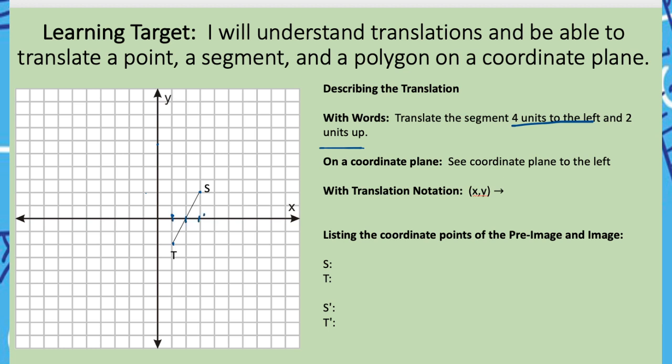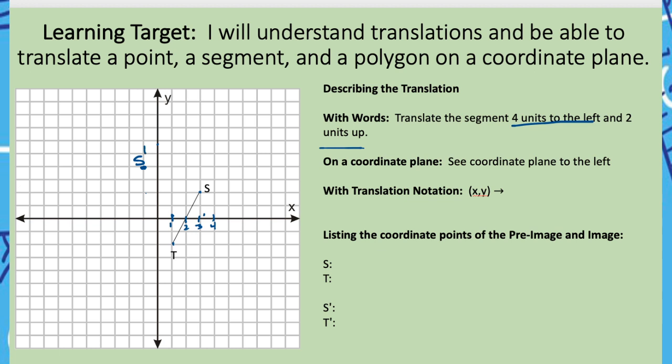You need to be careful if you're doing it with a graph to make sure that you look at the scale. See how your intervals are labeled. Okay, so 4 units to the left, I'm going to go over 4, and then 2 units up means I'm going to go here. So I'm going to write S prime right here to label that one.